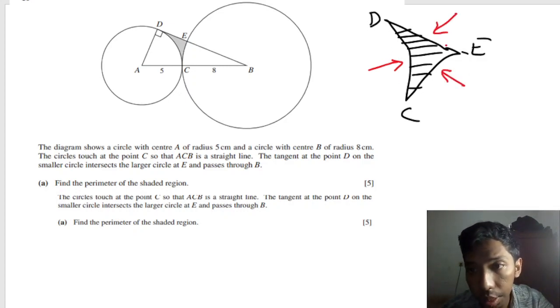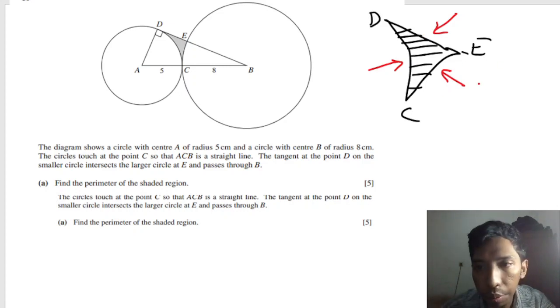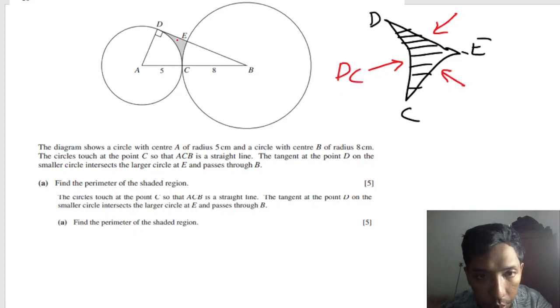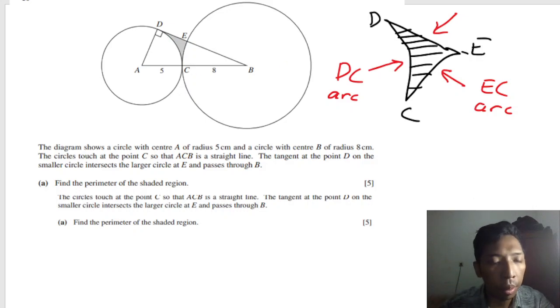All of these three lengths we need to find. DC is an arc, EC is also an arc, and DE is just a regular line.